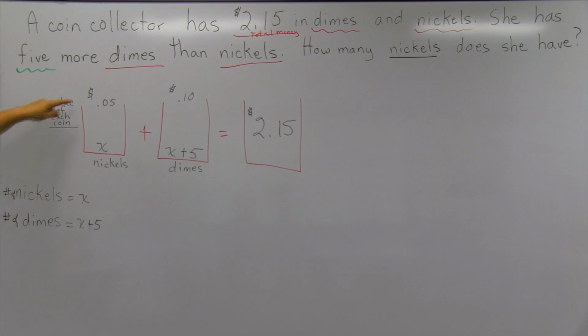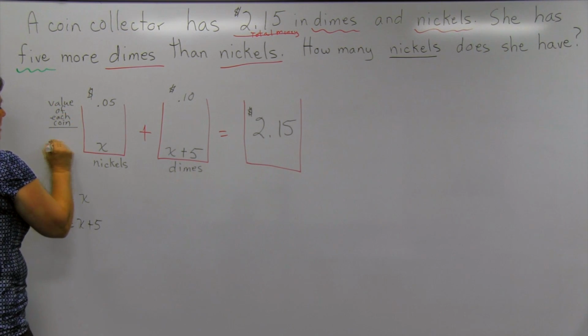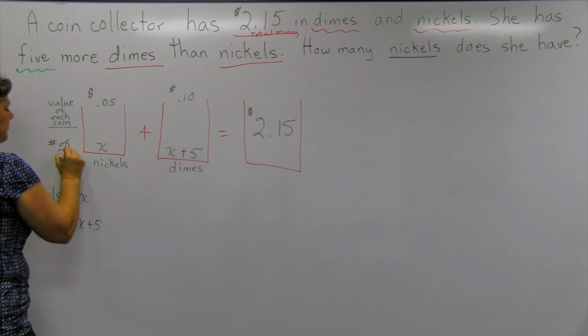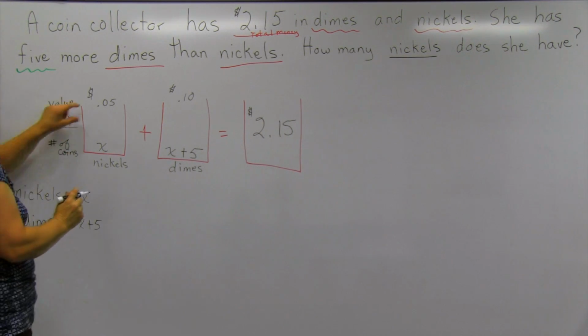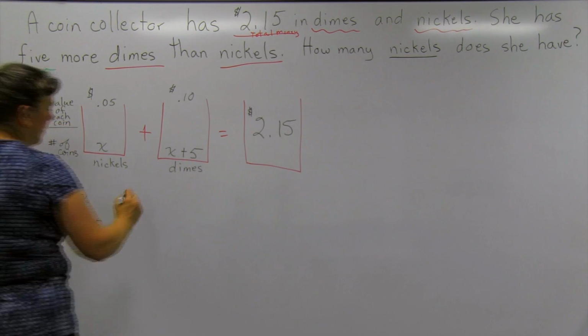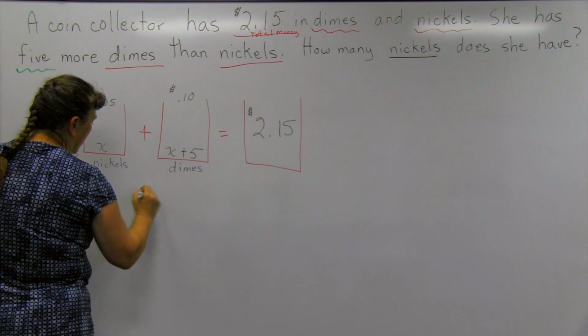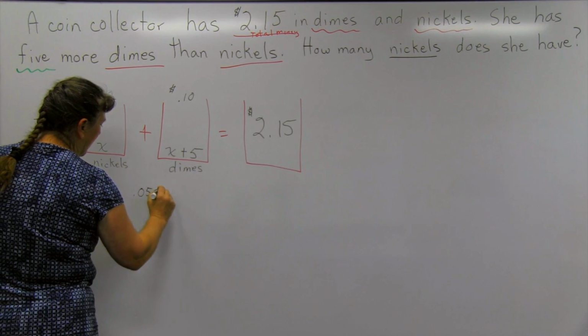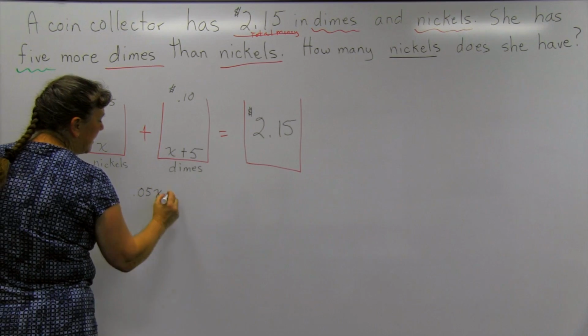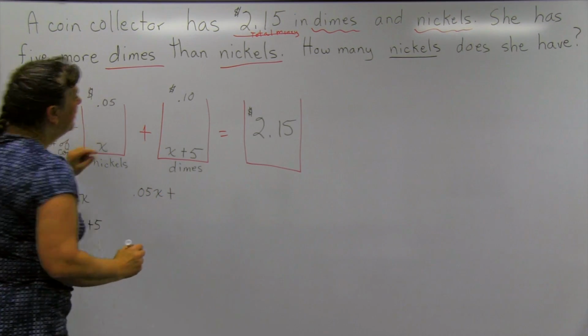Again, remember the amount of money that is in nickels is your value of the nickel times the number of nickels. And I'm going to put number of coins here. So it's 0.05 times your X, and then that plus, because we're adding the two together.